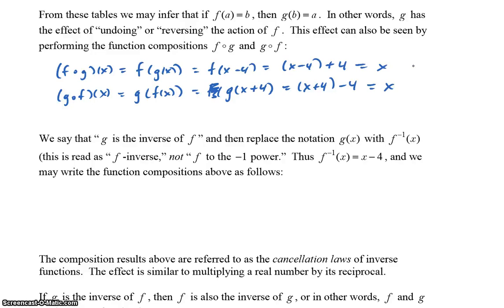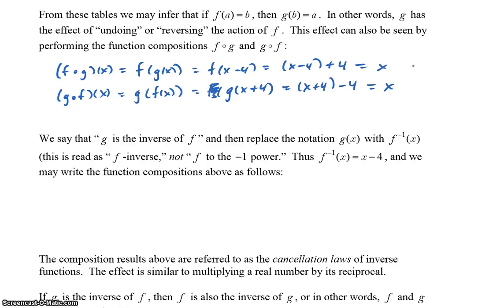Please understand, this is read as f inverse and not as f to the negative 1 power, which is what it probably looks like. The negative 1 here is not an exponent. It's merely a symbol to represent the inverse function.